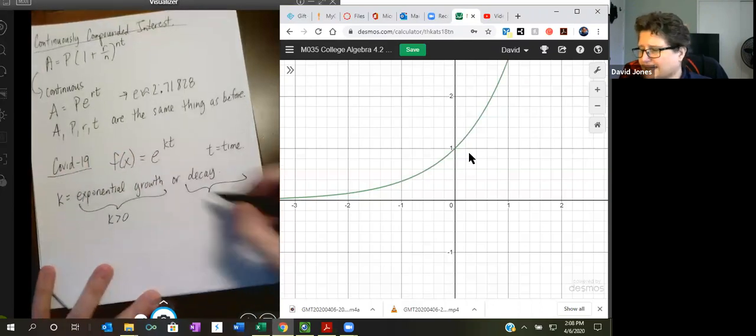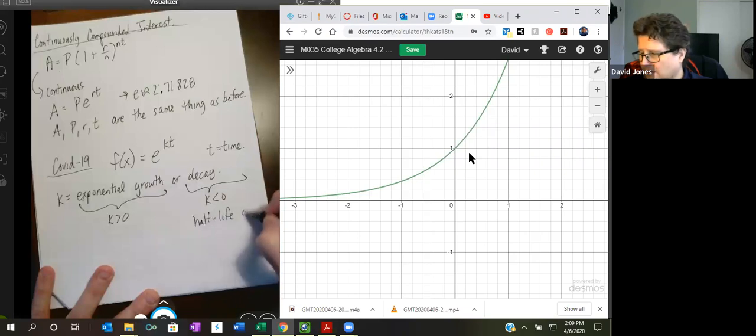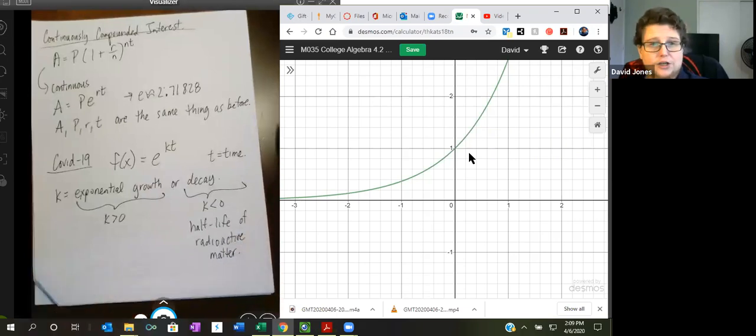For k less than 0, we have decay. This is like a half-life of radioactive matter, and stuff like that. So there are problems that we will do in science and physics, and we'll even look at COVID-19 a little bit later with some data from March 30th.